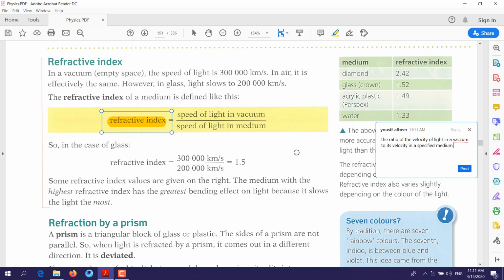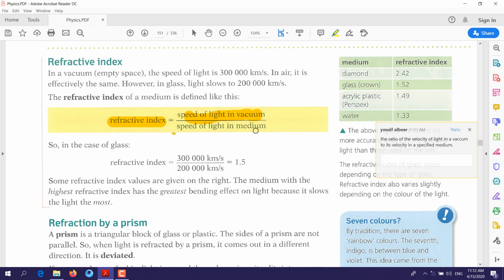So here what do we have? Again, refractive index, it's the ratio of the velocity of light. Speed of light in vacuum over speed of light in medium. Here the speed of light in vacuum is constant, it's always 300,000 kilometers per second.